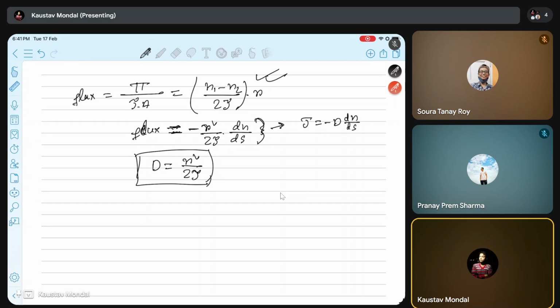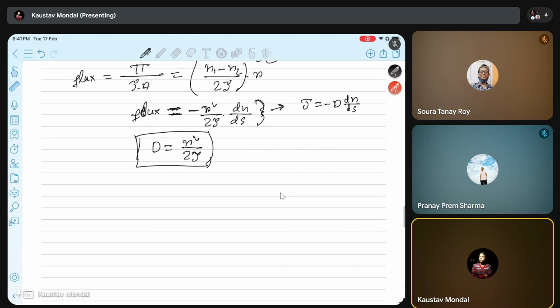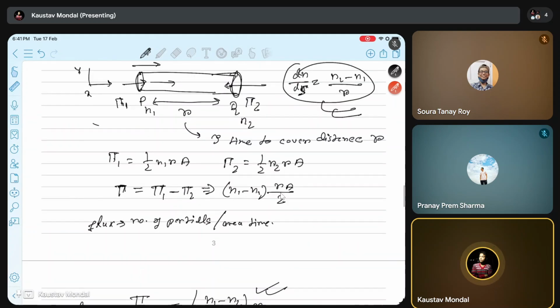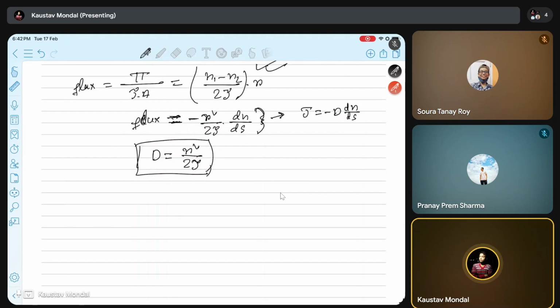This is one way of calculating the diffusion constant, since the Brownian particle moves from one place to another, that is, it diffuses.